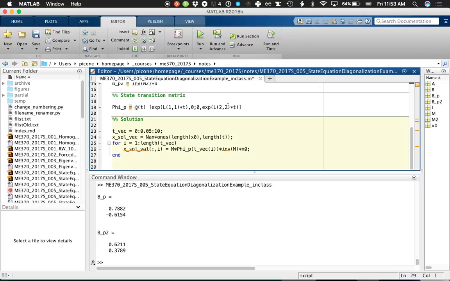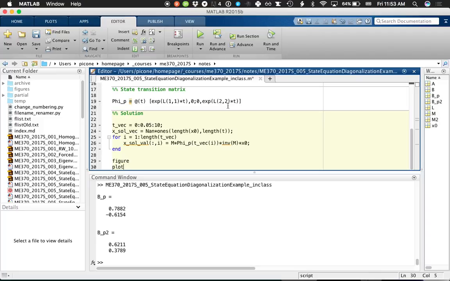So I'll do a figure, I'll do plot, time vector, and now I need the x solution vector, I called it. I'm going to take the first row, all columns. That's going to be x1. I'm going to make that blue.